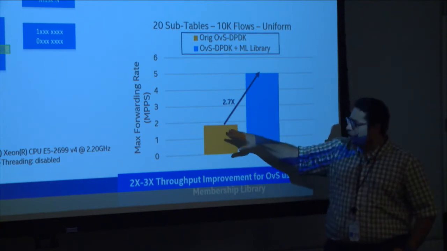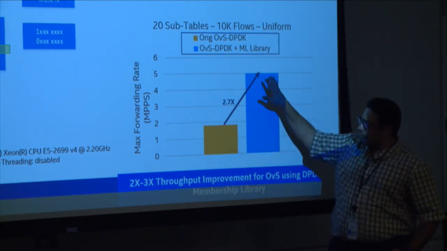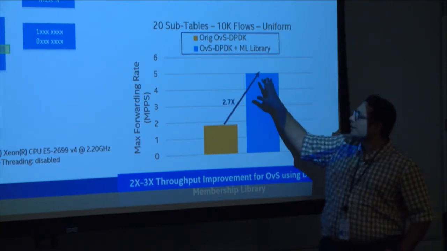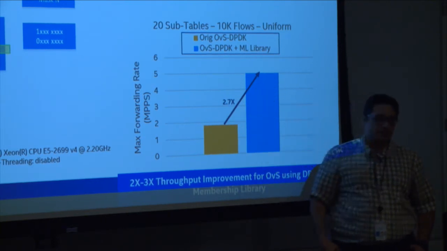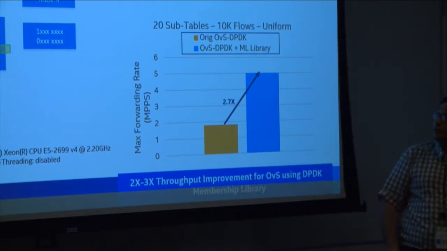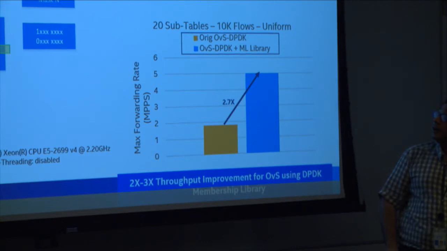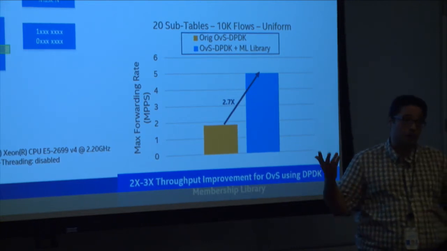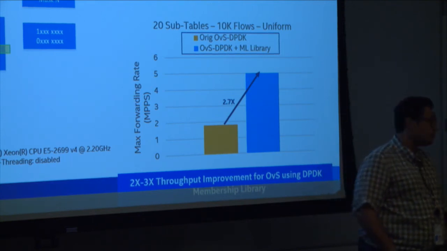And you can see a consistent 2x to 3x improvement in using the membership library to speed up OVS. Again, this is just a POC that we used to evaluate how to use the membership library, and how much throughput gain you can get.